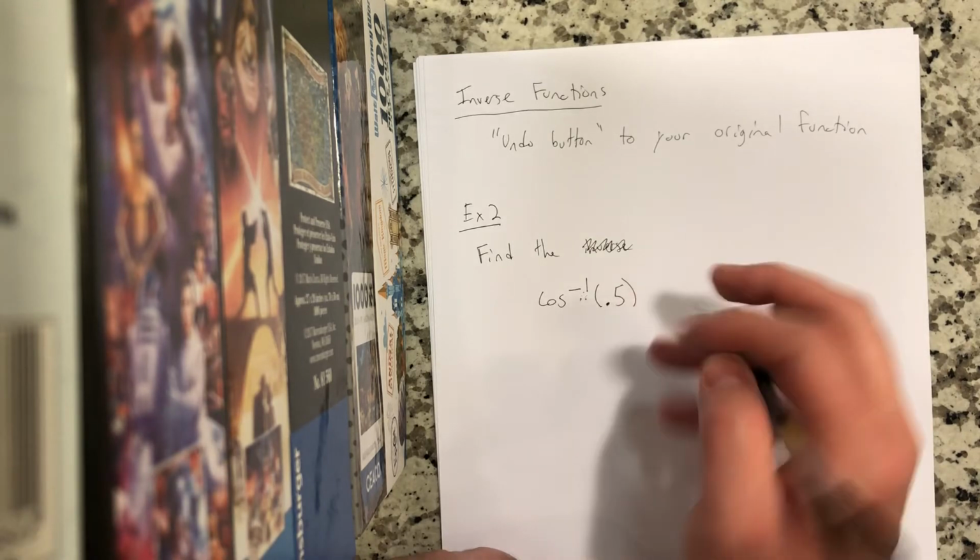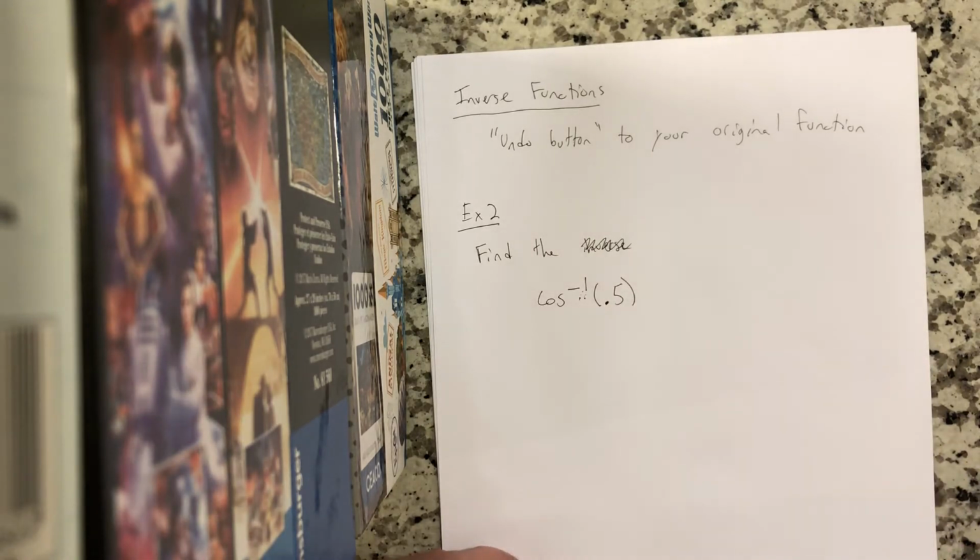All right, so the inverse cosine of 0.5. Depending on the calculator you have, you will either type the 0.5 first, and then the second button, and then your cosine. Or if you have the other calculator, just mess around with it a little bit to see which one works: you'll type the second button, then the cosine, and then 0.5, and then equals.